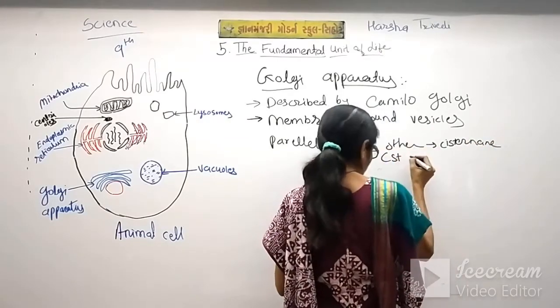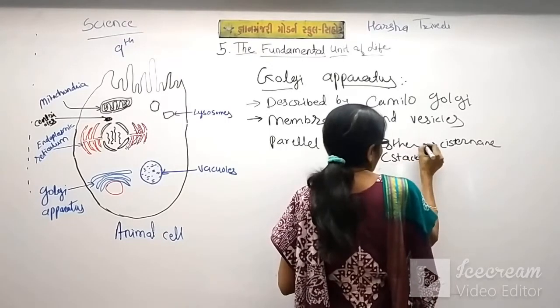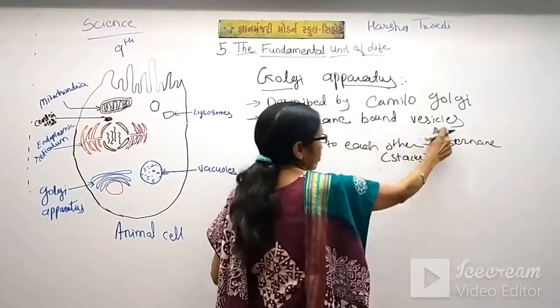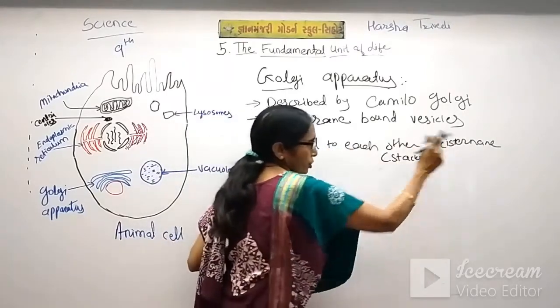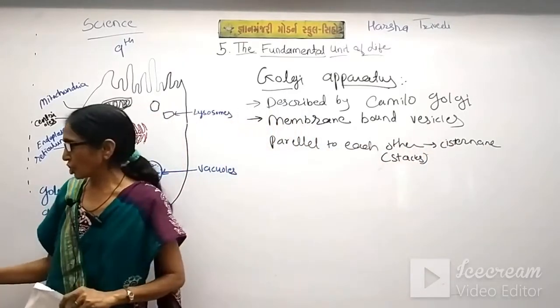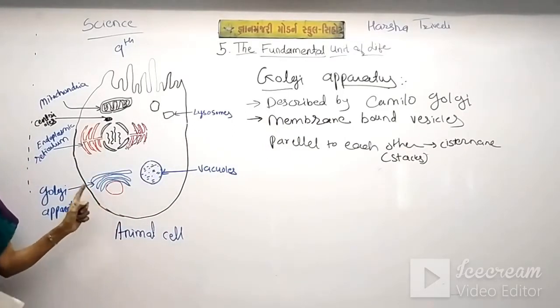These are stacks. The membrane bound vesicles are called stacks. If they are parallel to each other, they are called cisternae. This is the structure. These cisternae are parallel to each other, and we can see here it is a membrane bound organelle.